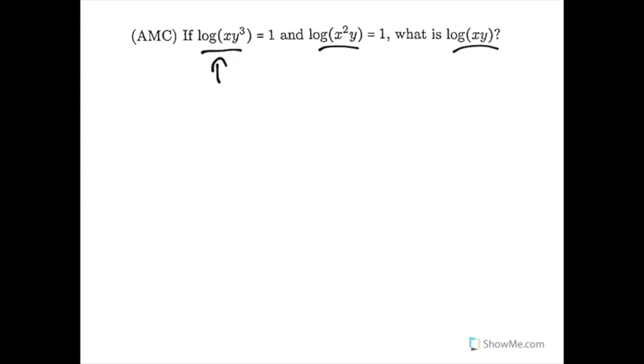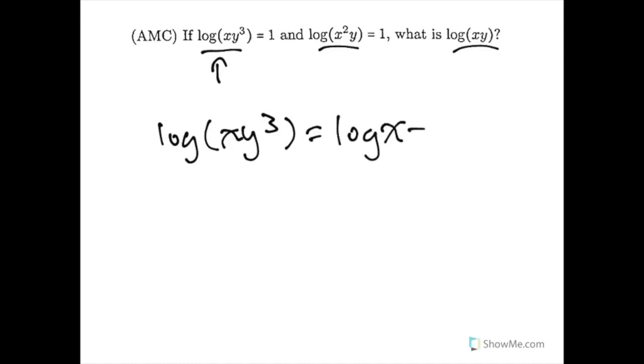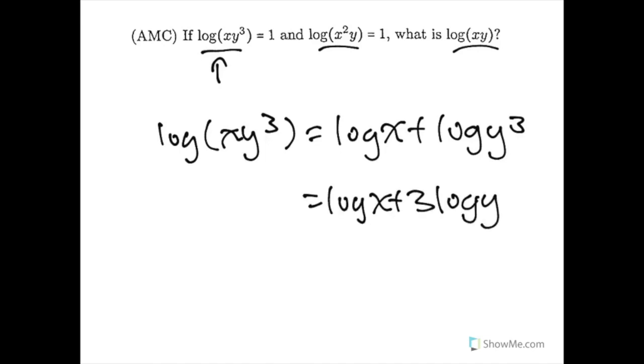Starting with log of xy cubed, according to the product rule, it is log of x plus log of y cubed. And according to the power rule, this is log of x plus 3 log of y.